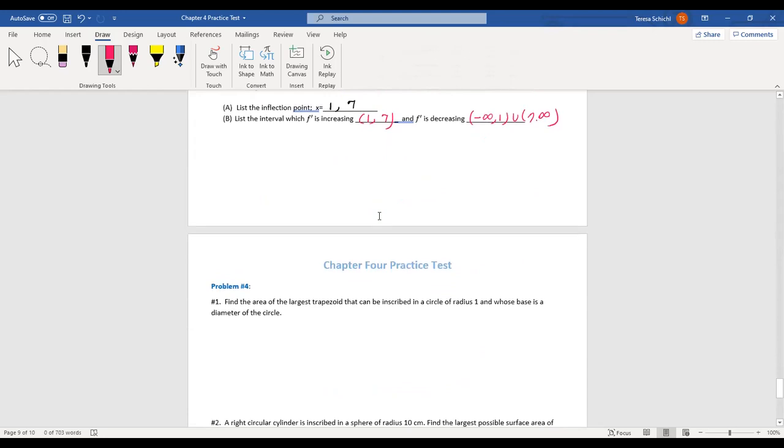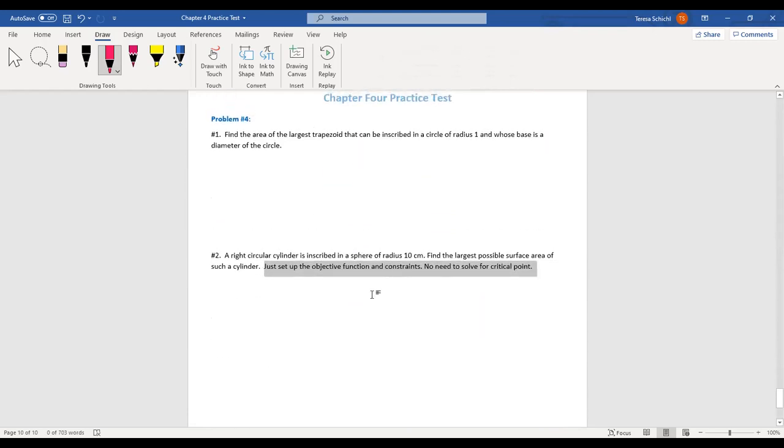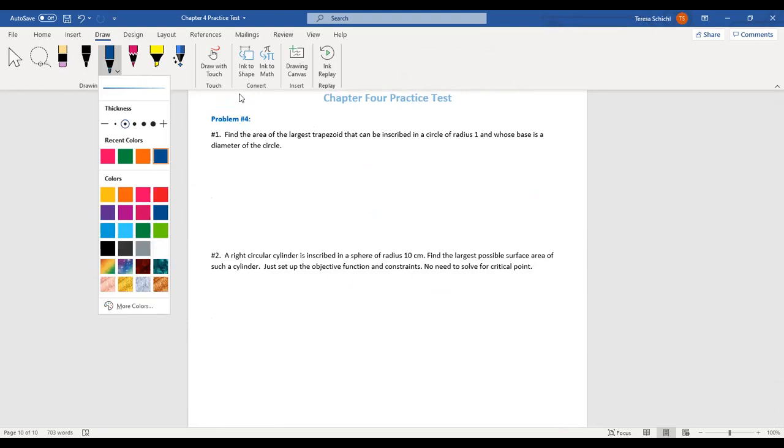Now let's take a look at the last two problems. Problem number 4, part 1, says to find the area of the largest trapezoid that can be inscribed in a circle of radius 1, whose base is the diameter of the circle. So you have a circle with radius 1, and the trapezoid has its base on the diameter.